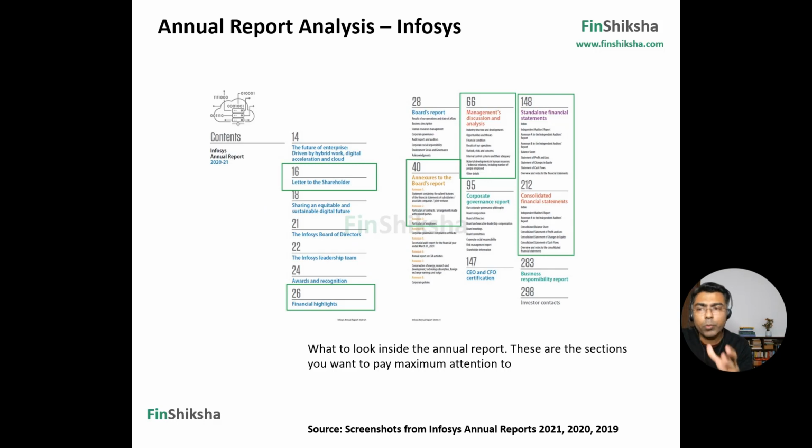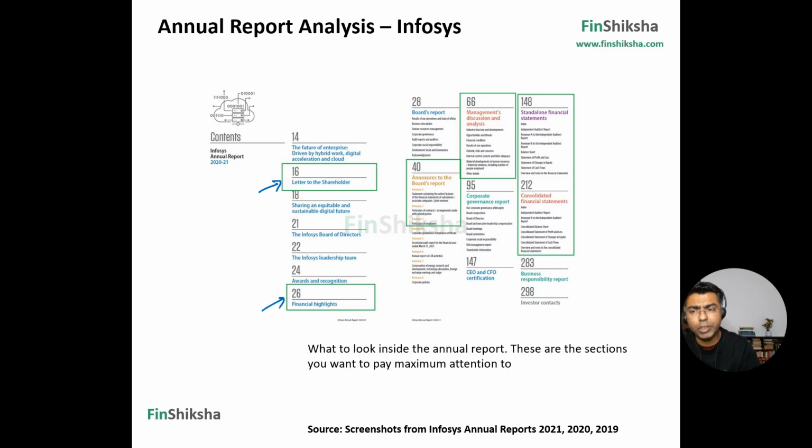If you look at the annual report for FY21, there's this table of contents which is available, and the core segments that anybody as an analyst would want to focus on would include these elements that are highlighted. So you want to read through the letter to the shareholder. Typically it tells you about what the management is doing, what the management is thinking about what's going on, and their plans for the company.